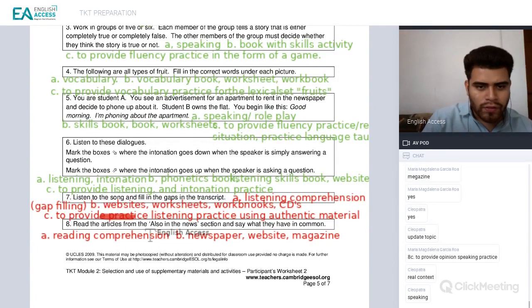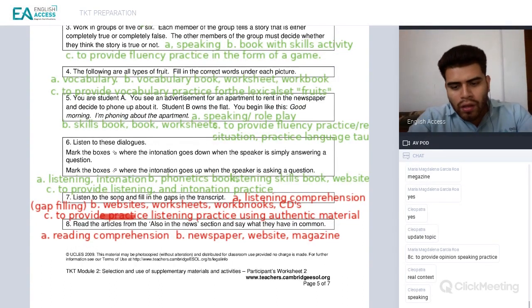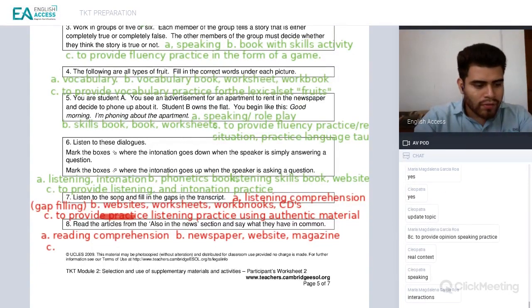Read the articles from the also in the news section and say what they have in common. Provide opinion speaking practice.